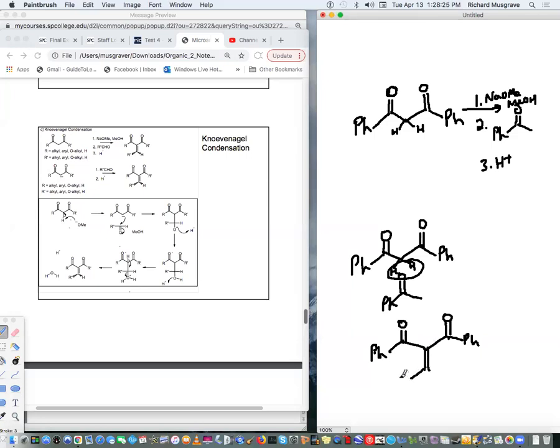The aldols and the cross aldols didn't start with that symmetrical thing. That's true. So you can always tell, because if you're starting off with something symmetric like that in a Knoevenagel, then you will end up with something that has no squigglies on it. But not everything starting in a Knoevenagel is going to be symmetric. No squigglies.